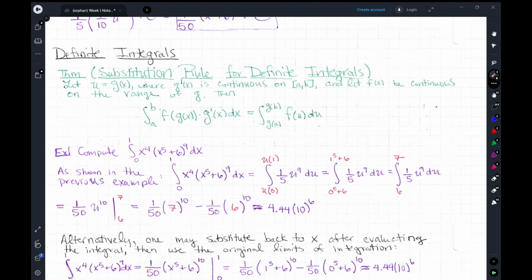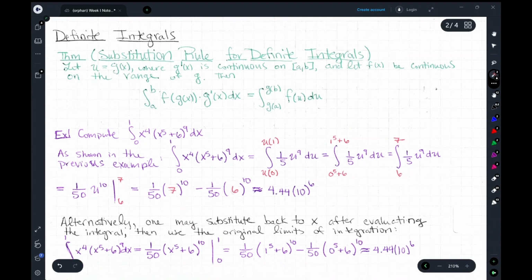It's the same one we had above, except now we are integrating from 0 to 1. Well, what changes is now we have this u of 0 and u of 1. What is u? x to the 5th plus 6. So plugging 0 into x to the 5th plus 6, you get 6. And plugging 1 into x to the 5th plus 6, you get 7. And you integrate through these new bounds, and you get that expression right there.